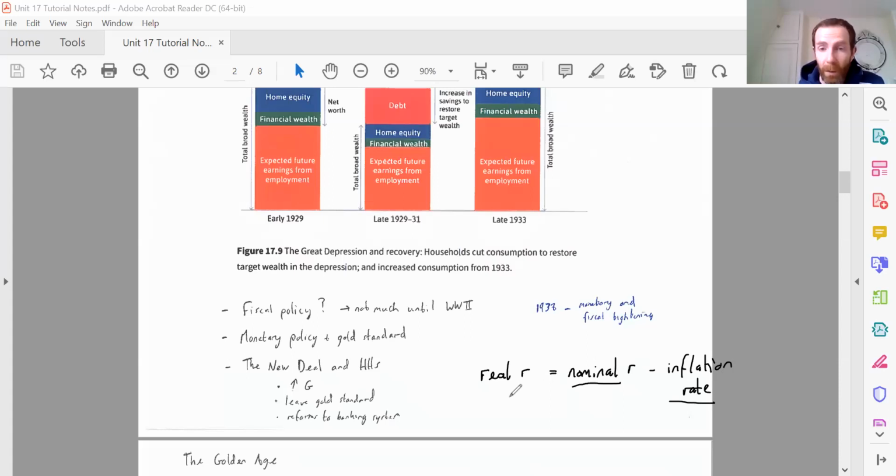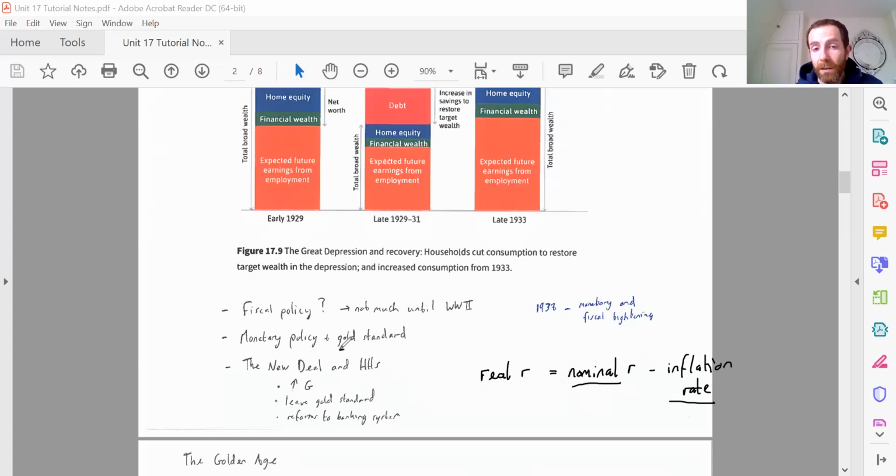And this is obviously not what was intended, right? They don't want the real interest rate to increase because that's going to further discourage borrowing and encourage saving. So this was one element of the problem: having deflation was preventing the cut in nominal interest rates from having the effect that they intended.